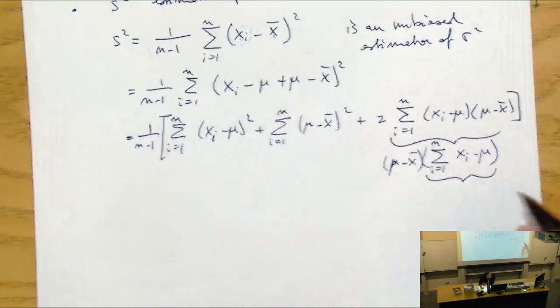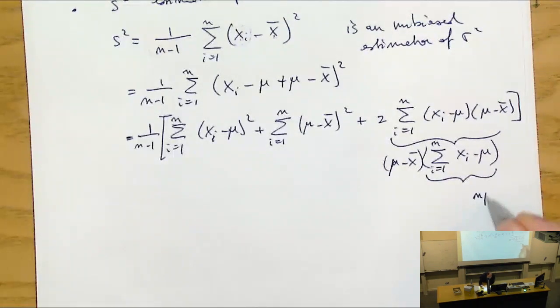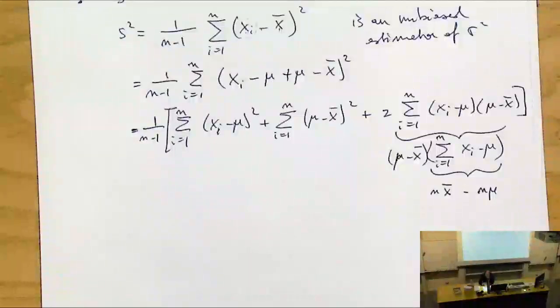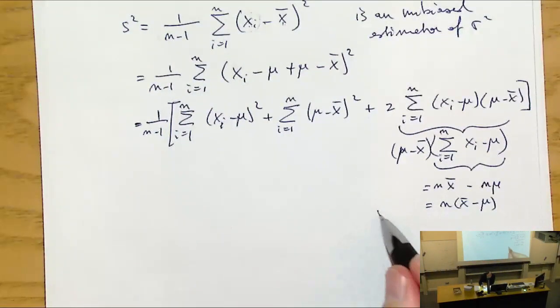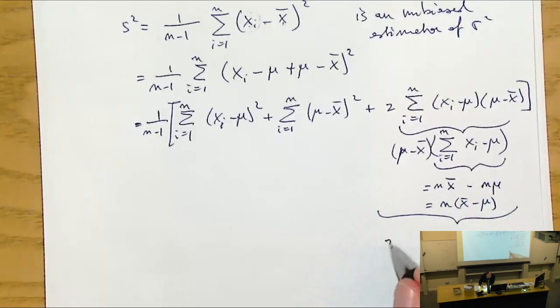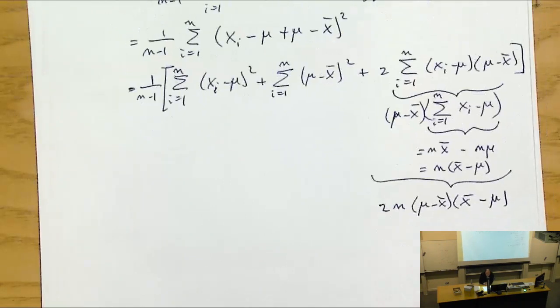This is n mu minus n multiplied by x bar, and this is the same as n multiplied by x bar minus mu. So this quantity here is 2n times mu minus x bar times x bar minus mu. Are we all good?